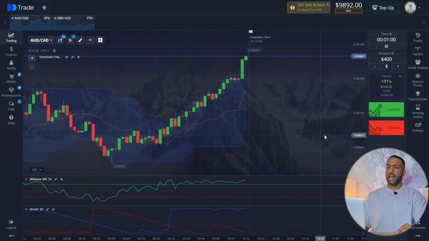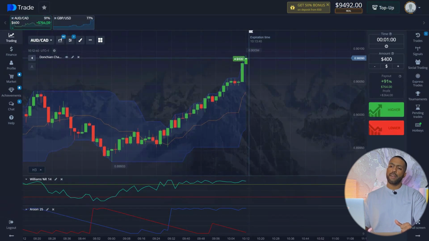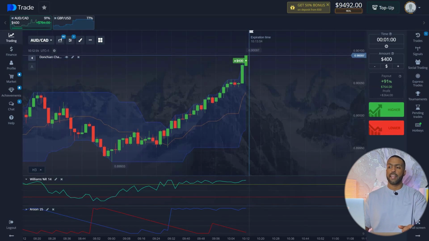Based on the signals we had, I opened an up trade for $400 for 1 minute. And the blue line of the Aroon indicator, which is responsible for the uptrend, if you guys remember, was at the level of 100, and the red line was at the level of 0, and this is a strong signal about a possible rise in price, or the uptrend is stronger than the downtrend. So let's analyze the rest of the signals.